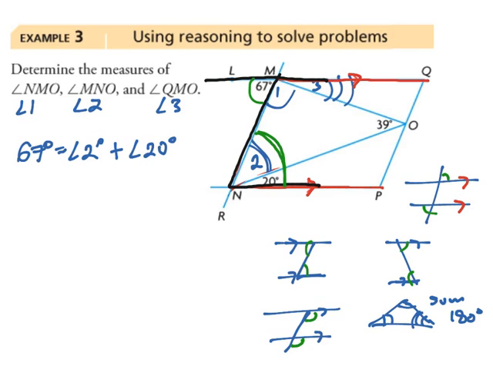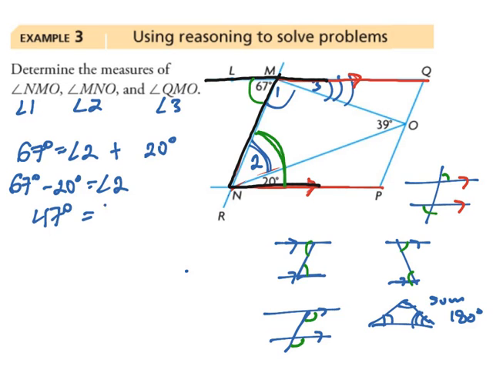Notice that when we're labeling, we don't know the unknown, so we write the little angle sign. Now we're going to solve for angle 2 by subtracting. 67 minus 20 is equal to angle 2, and that is equal to 47. So angle 2 is 47.